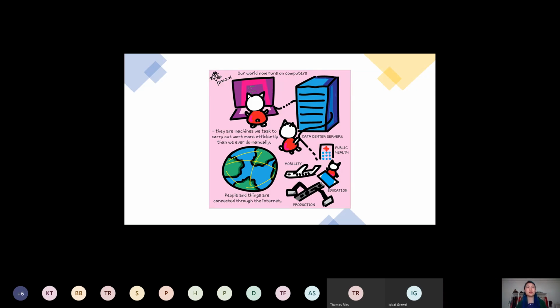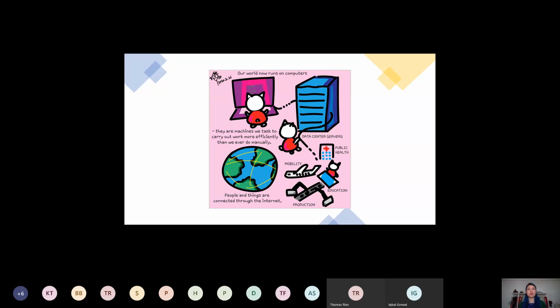Just zooming out, our world has been running on computers, and the reason we can be connected right now through the internet is because we have all these data centers, everyone has a computer, and everything is run by algorithms and automation. Of course there are people, but we're using machines to help us with our work.